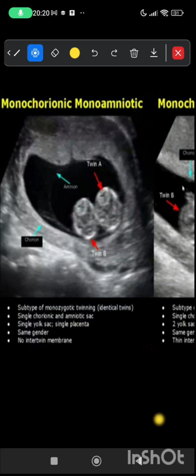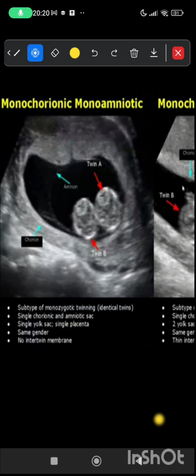Now what are the features of monozygotic twin gestation on ultrasound? Anyone? One placenta. Yes, that's one placenta and one gestational sac. Same gender. Same gender in all types of monozygotic twins.